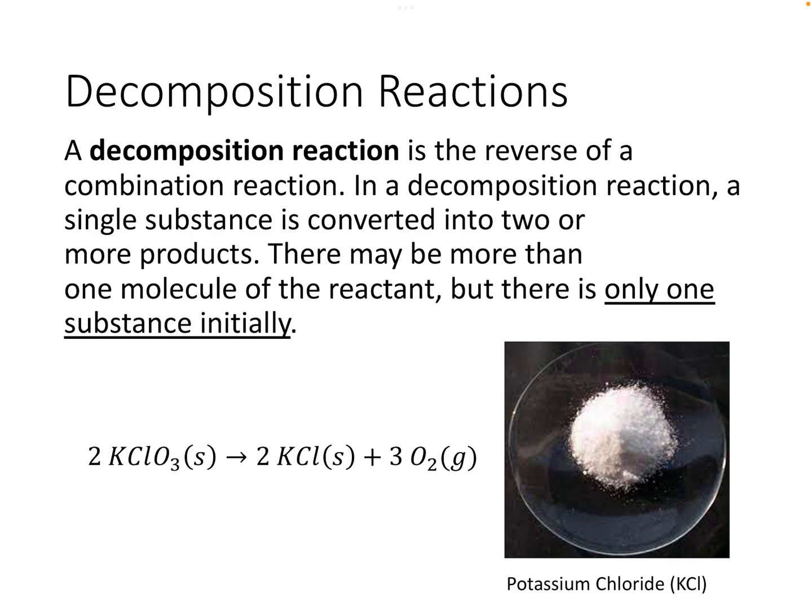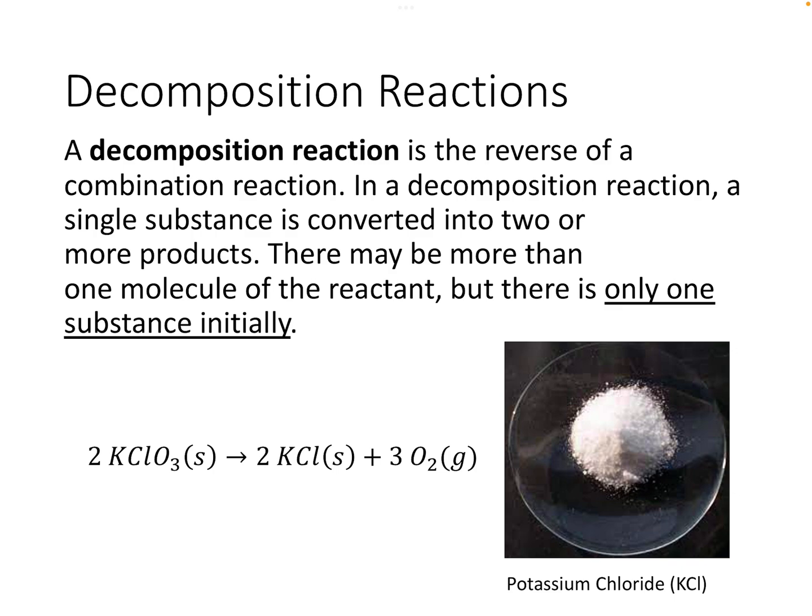This one has potassium chlorate, KClO3. This is an ionic compound, and this is going to decompose into potassium chloride, KCl, and oxygen gas. So potassium chloride is shown off to the right. It looks really similar to sodium chloride, NaCl.